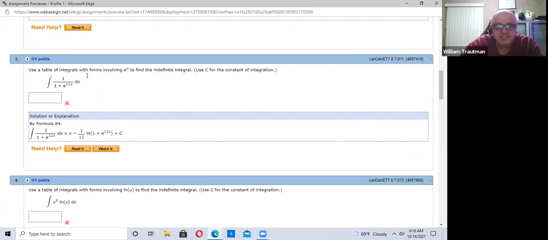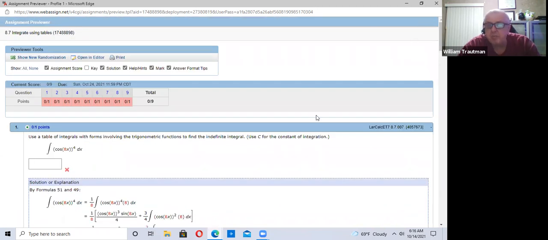All right, so that's it. The PowerPoint was labeled 8.6, but the homework is 8.7. It's really the same thing. I think it used to be called 8.6, but with the new edition of the book, they changed that section to 8.7. So I'll go in and change the PowerPoint.